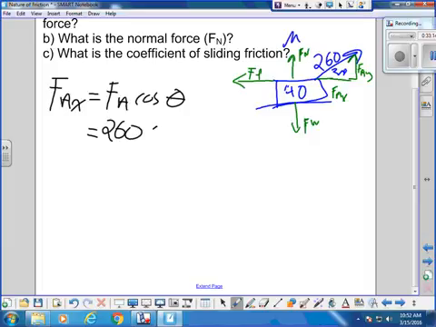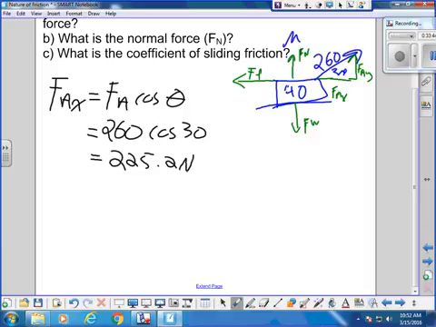Cosine theta, cos 30. 260 cos 30. Well, it's going to be less than 260. 225.2. So that's how much is actually pulling it sideways, right?